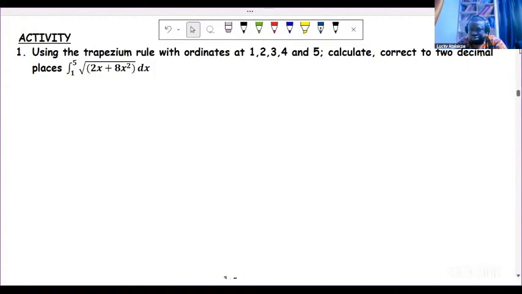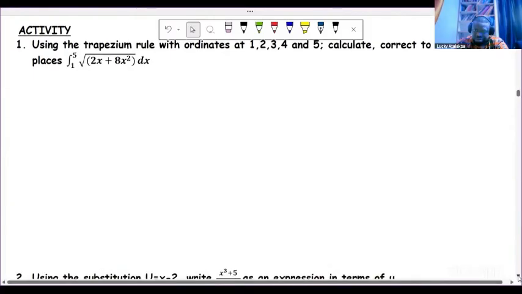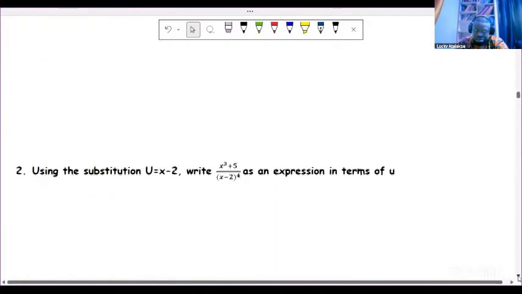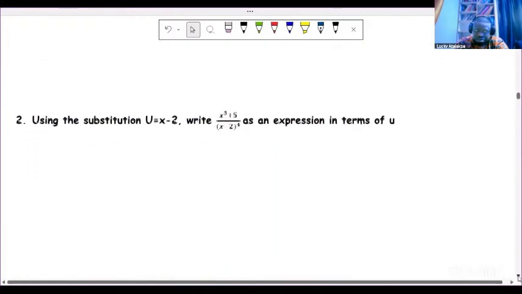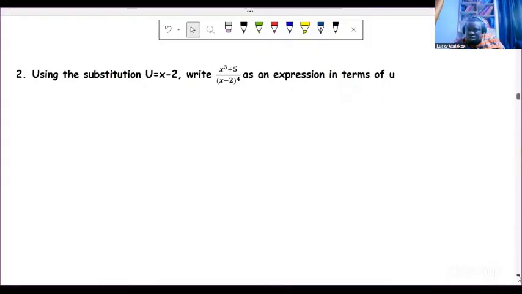Then the second one as well. Now, the second one is a bit unique because we are going to use substitution there. Sorry, not use substitution as it were. So let me do this second one.